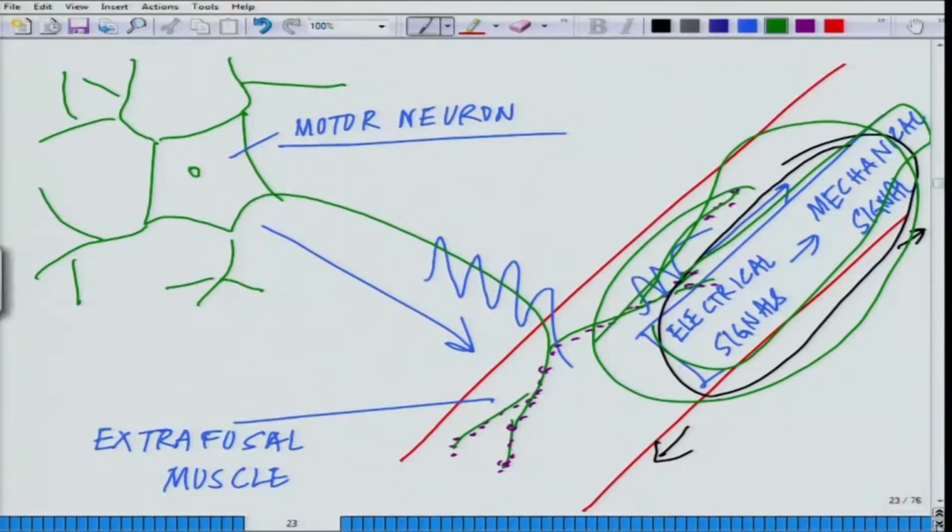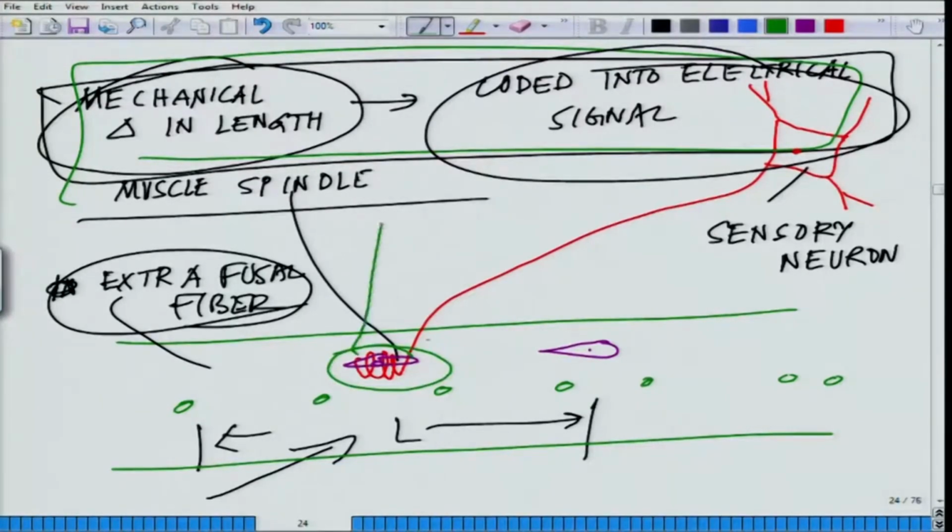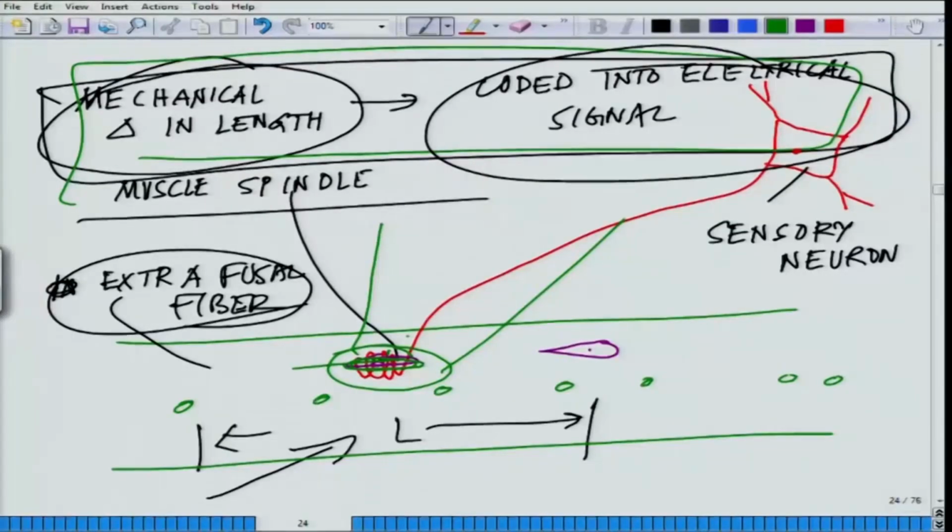Before I finish this lecture, I will tell you something about what is happening here. This is not very clear to anyone in the world, what exactly happens. It is believed that the muscle spindle, a structure which senses the change in length, in some way opens up sodium channels in the sensory neurons, and thereby action potentials are generated here.